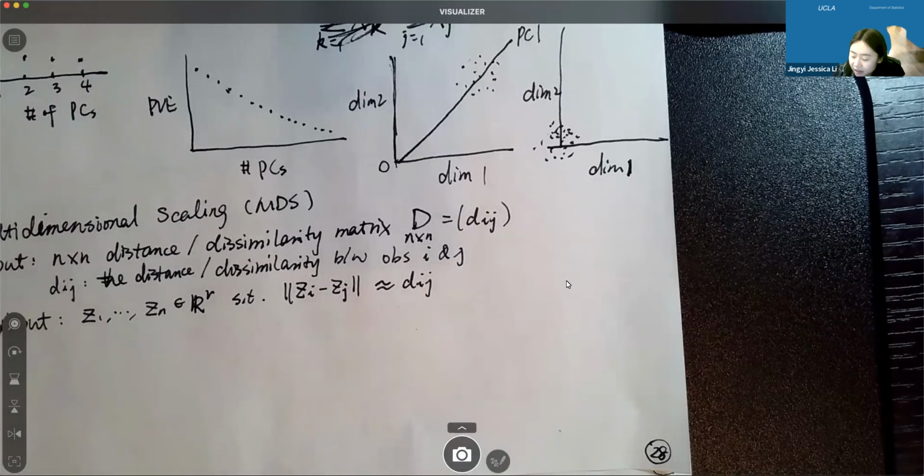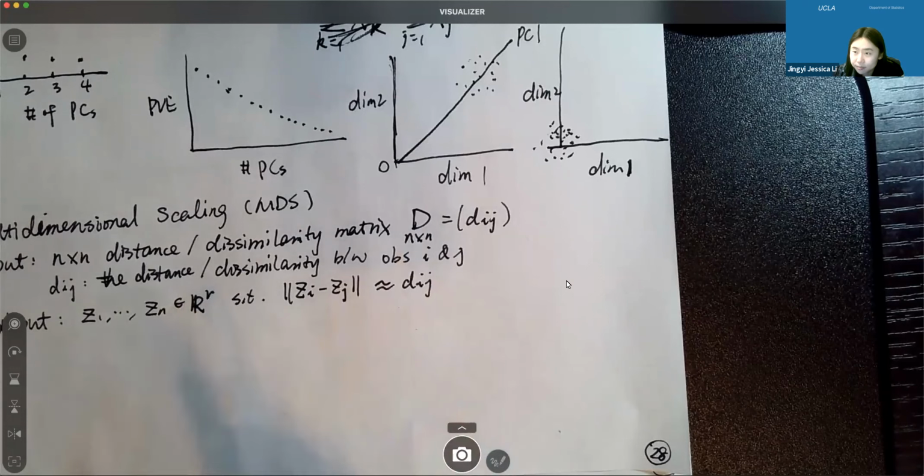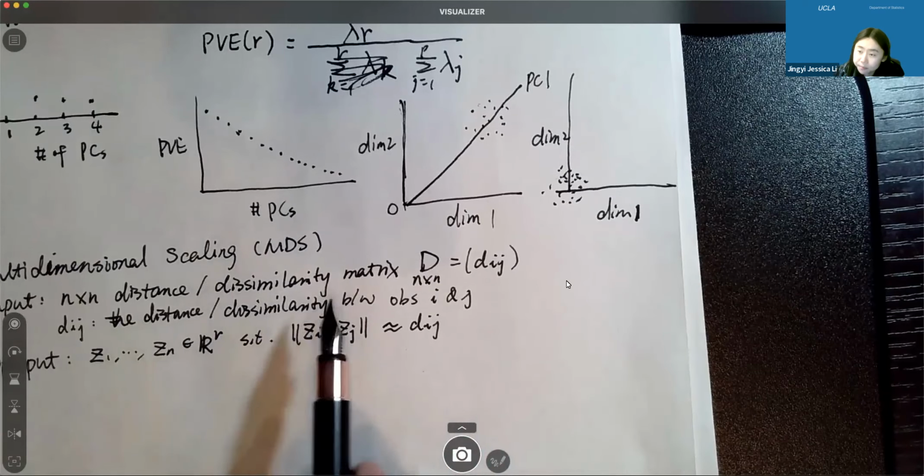What kind of data is like that? I can give you one example, like network data. If you just know the connectivity of your n observations without knowing the underlying features that drive the connectivity, in that case, your connectivity matrix can be regarded as a similarity matrix. And if we do 1 minus that, that will give us a dissimilarity matrix, and that could be our D.